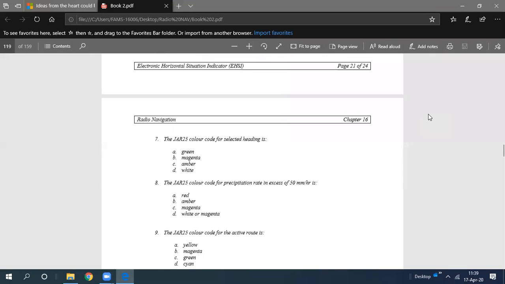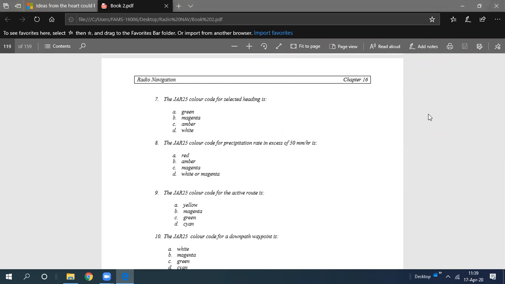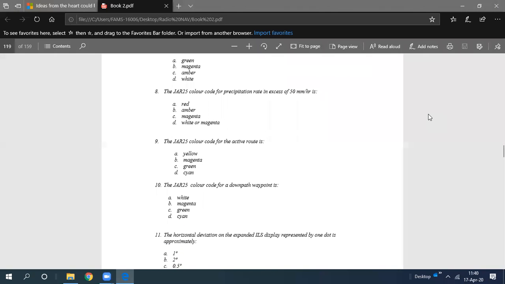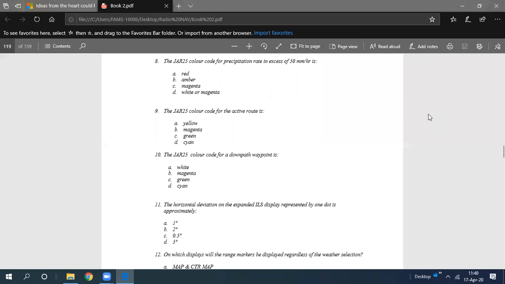Here we are. Thank you, sir. The JAR 25 color code for selected heading is Bravo magenta. Again magenta. Okay, question number 8. Next, anybody else, please? The JAR 25 color code for precipitation rate in excess of 50 millimeter per hour is Charlie, magenta. Again, magenta. Okay, next question, please.